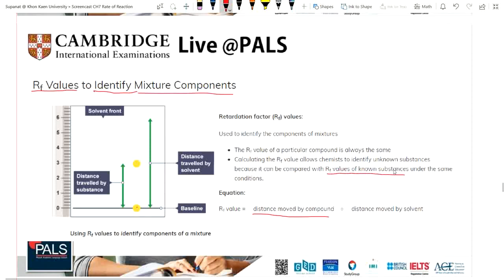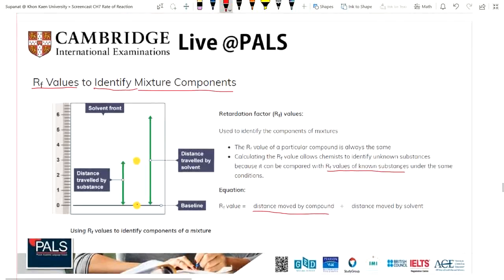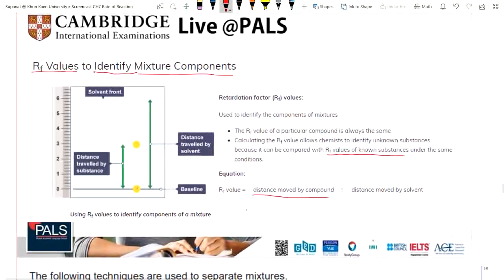If you set up the experiment under the same condition as the standard substance, then we can compare the RF values, using the distance moved by the substance divided by the distance traveled by the solvent. Which means the RF value should be less than 1, right?